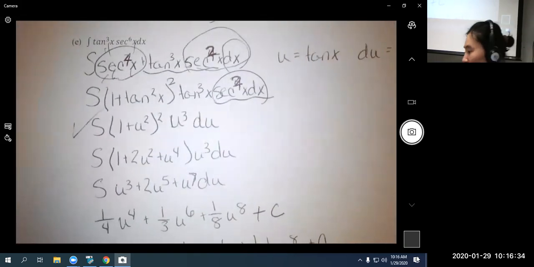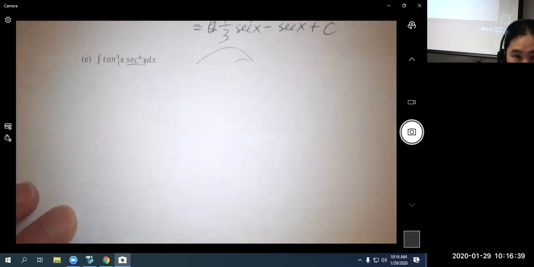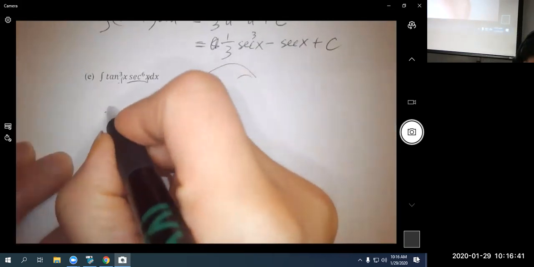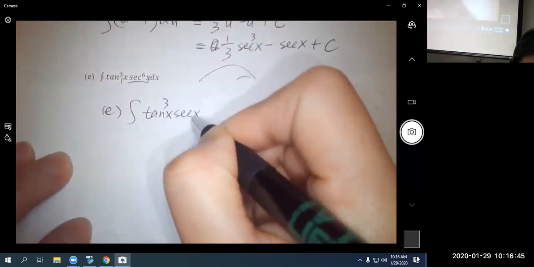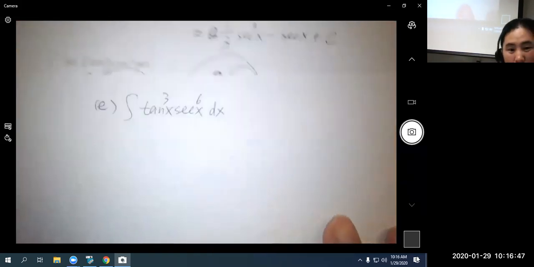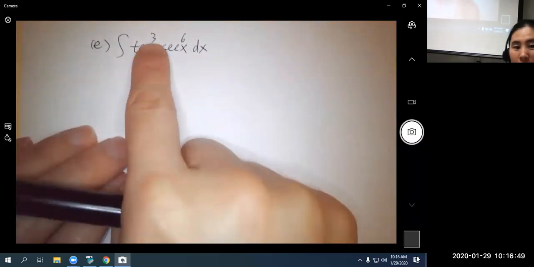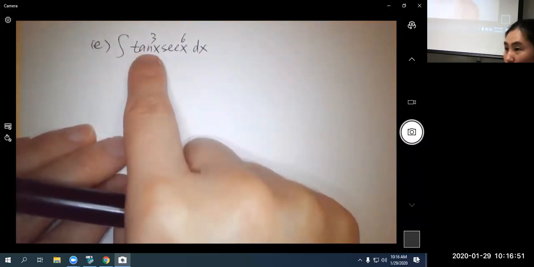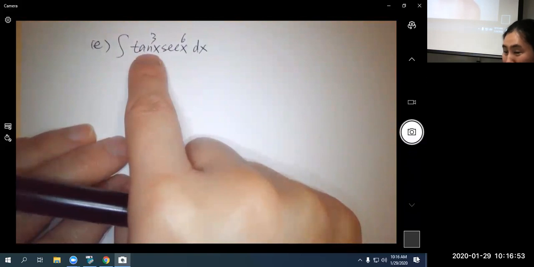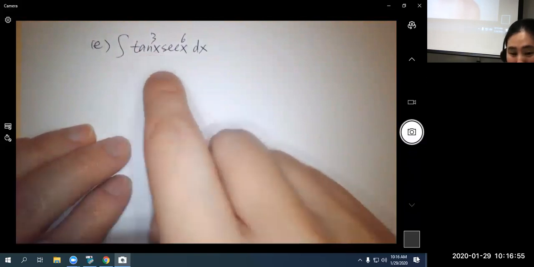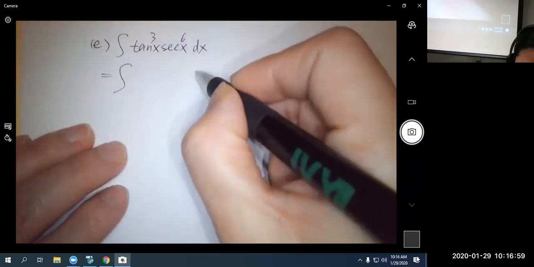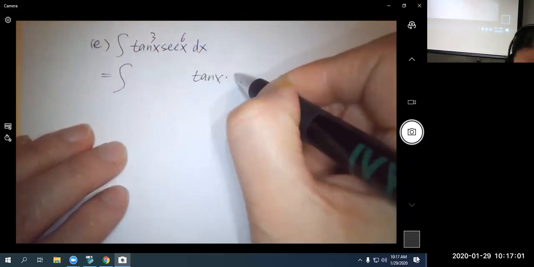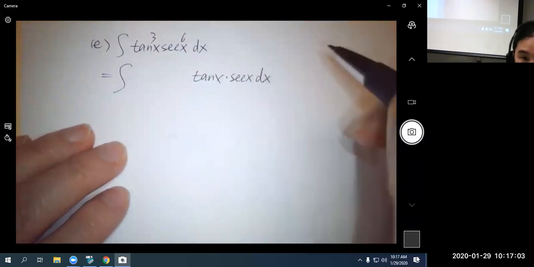I'm going to use another scrap paper. Okay, question E. If the power of tangent is odd, what should we do? Split out tangent times secant, so a tangent of x times secant of x dx.